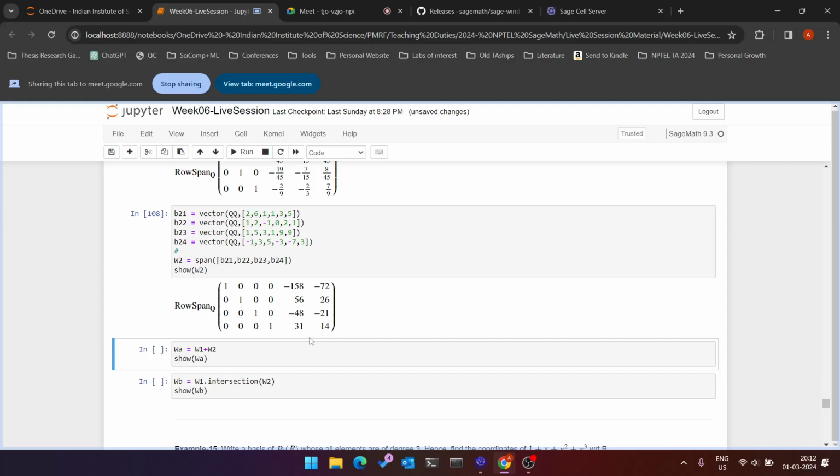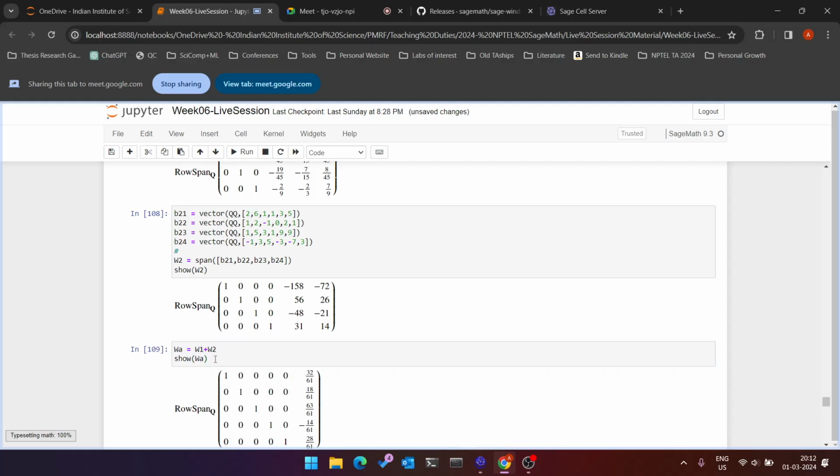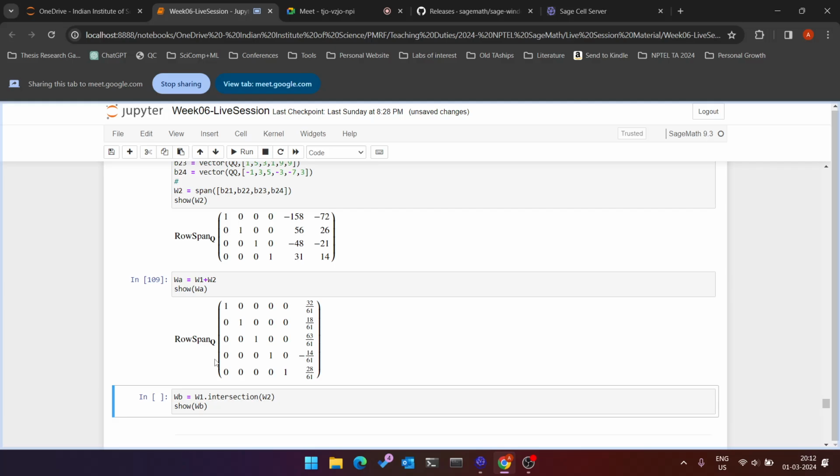Alright, so this is what we get. All these four rows are independent. Now if I want to look at the addition set of W1 and W2, I define that as WA, and if I do show WA, this is what I get.